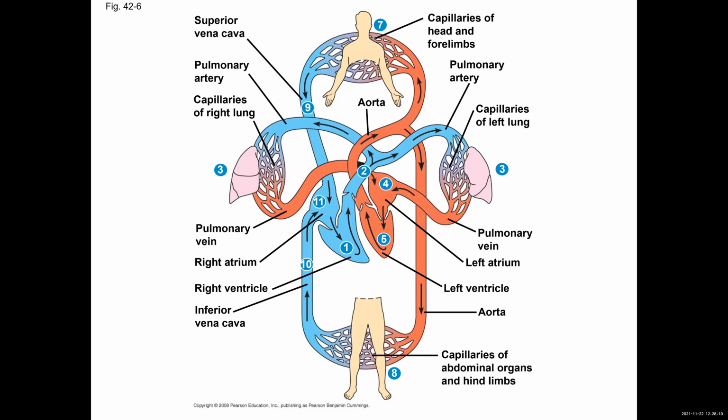So we define the sides of the heart based on the perspective of the patient. My left side of my heart, as you look at it, looks as if it's on the right side of the picture. So we're flipped from what you normally would think of.